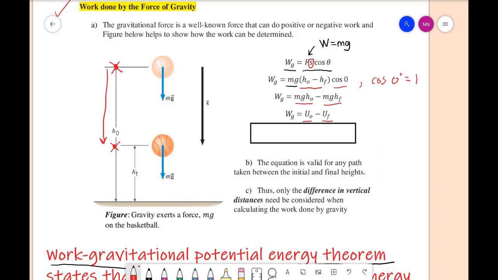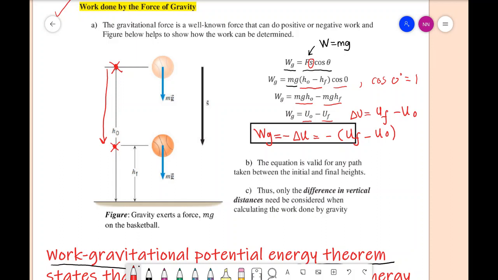So work done by gravity equals Uf minus U naught, or U initial, which is delta U. So we have negative delta U, which equals negative (U final minus U naught).